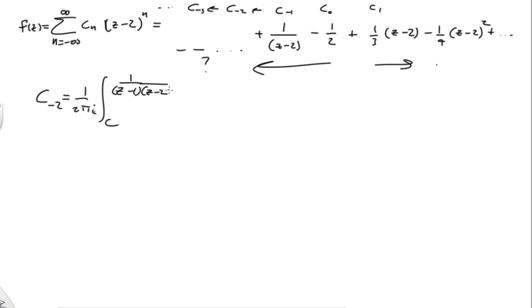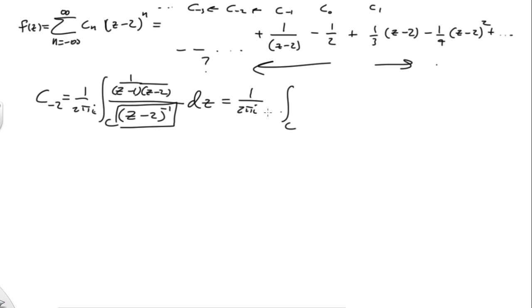z minus 2. That's our transfer function up there. And then what we have to do is put z minus 2, and it's to the n plus 1 power, so that becomes a negative 1 there in the denominator, dz. All right, so of course we can rewrite this as 1 over 2 pi i. And so a negative power in the denominator becomes something that's in the numerator, so we have an integral over c.